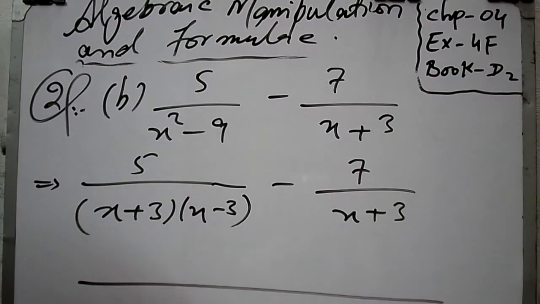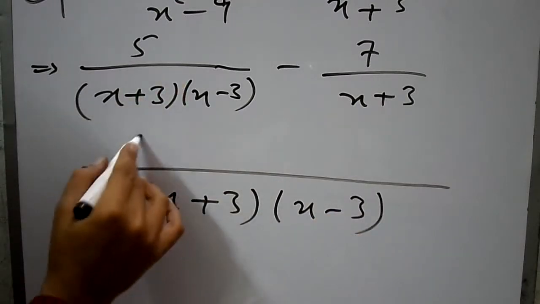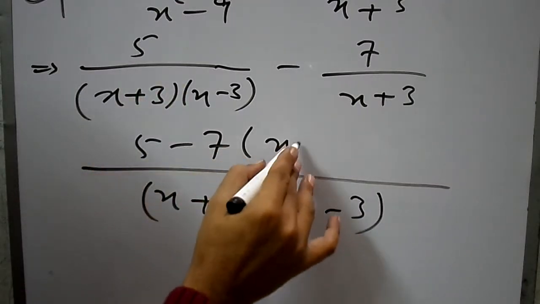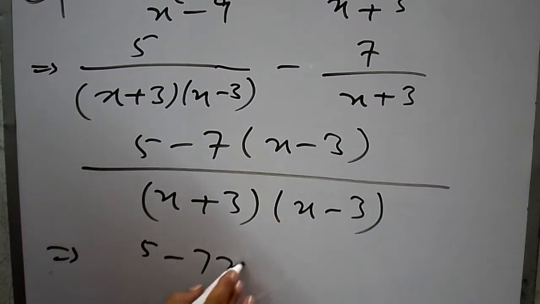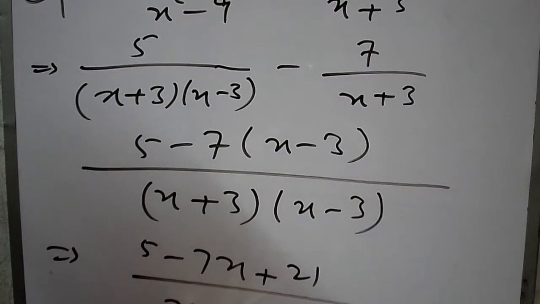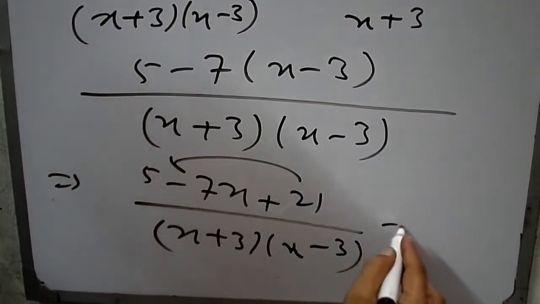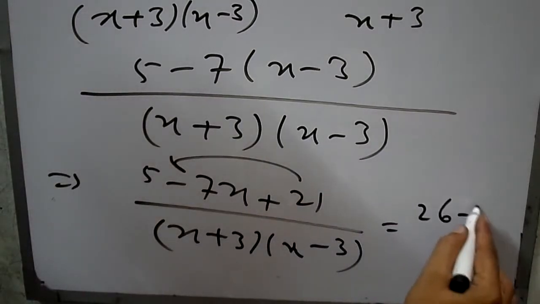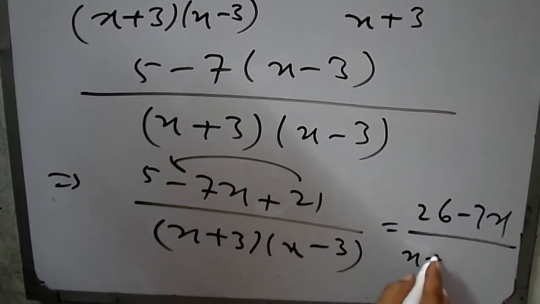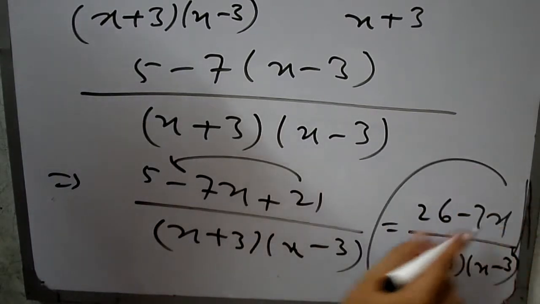Now when you take the LCM, product of common into product of non-common, this will be cancelled, and you will get minus 7x divided by x plus 3, x minus 3. So you will get 21 and 5, 26 minus 7x divided by x plus 3, x minus 3. So that is your result.